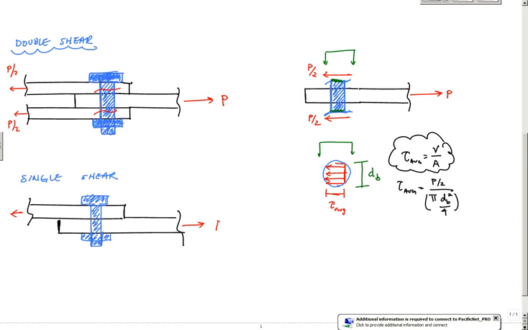If I have this single shear and this force P, by equilibrium, to transfer the force in this plate across to the other bar connected to it, the normal force is going to be P in each.